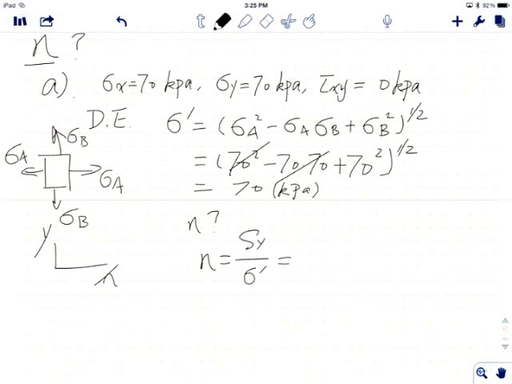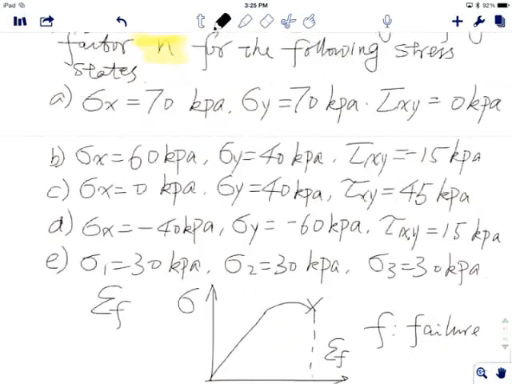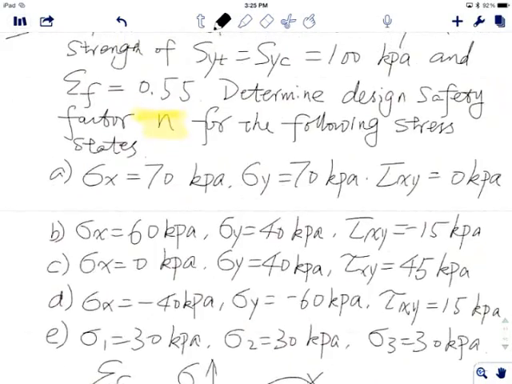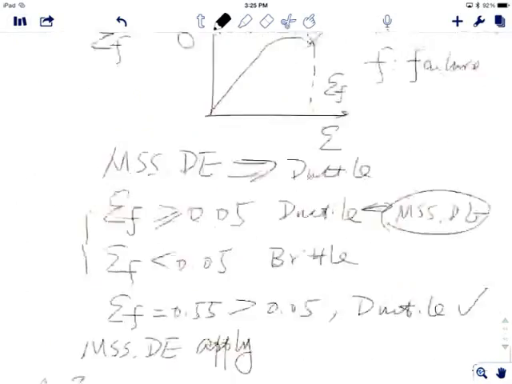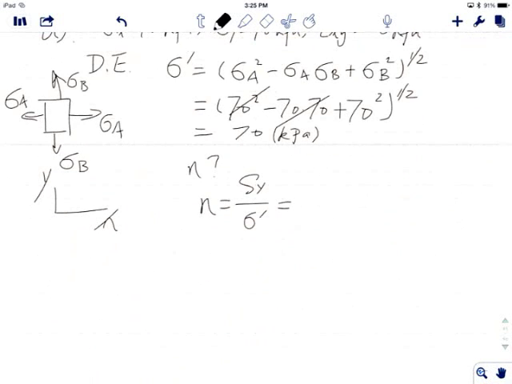So SY, in this case, it's given here, let's see. It's equal to 100 kilopascal. All right, 100 kilopascal divided by 70 kilopascal. The answer is 1.43. Right, so design safety factor 1.43. That is my answer.